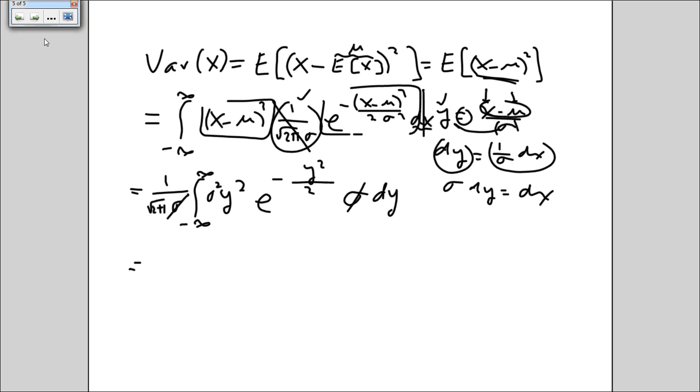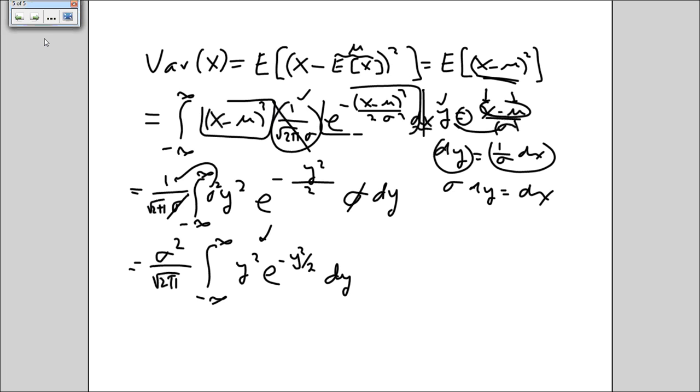So I have, and I'll even factor out the sigma squared there, 1 times sigma squared divided by the square root of 2 pi times the integral negative infinity to infinity y squared e to the negative y squared over 2 dy. Y squared and not y.